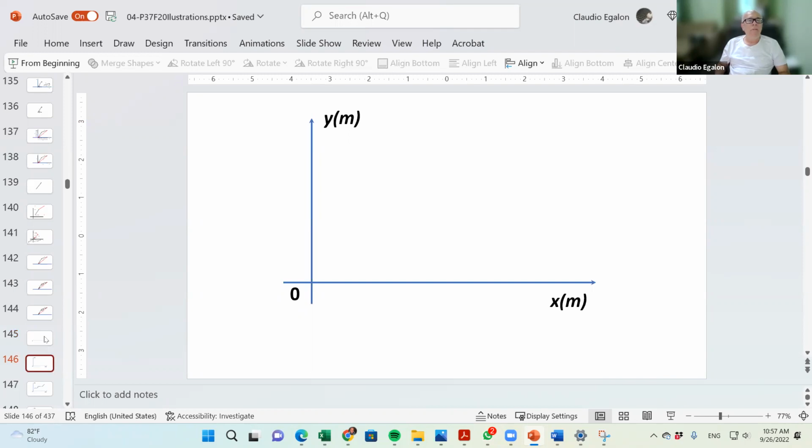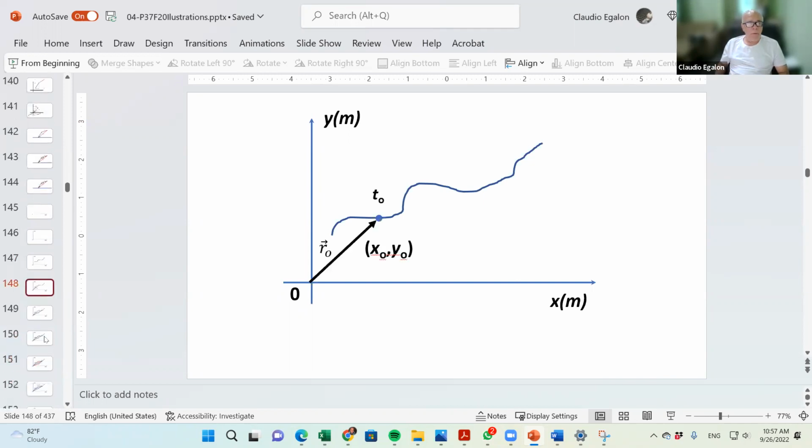And now we have this particle that's moving in the most generic sense in this XY plane. I'm going to illustrate what the initial position vector of this particle is all about.